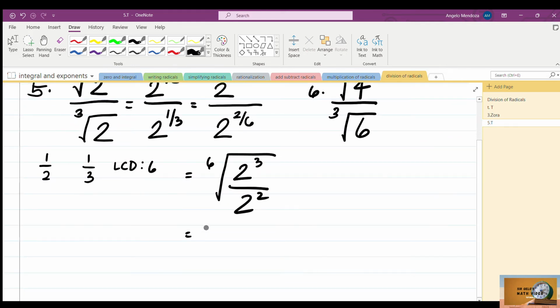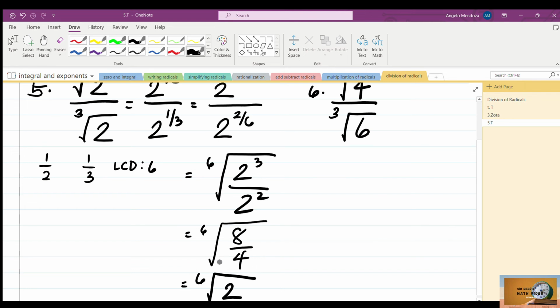So that will be the 6th root of 2 cubed is 8, 2 squared is 4. Okay, so that is 8/4. Or we can apply quotient of powers actually. So the final answer here will be the 6th root of, we can divide 8 divided by 4, that is 2.